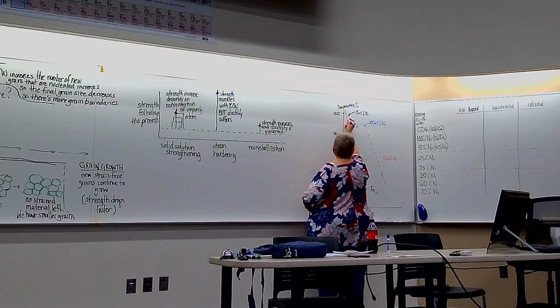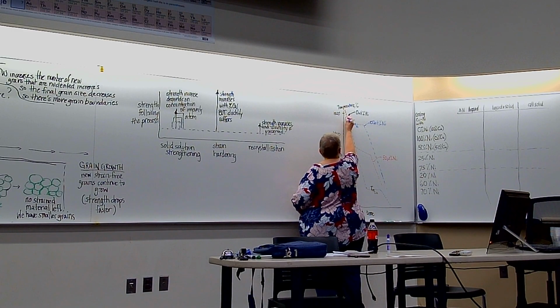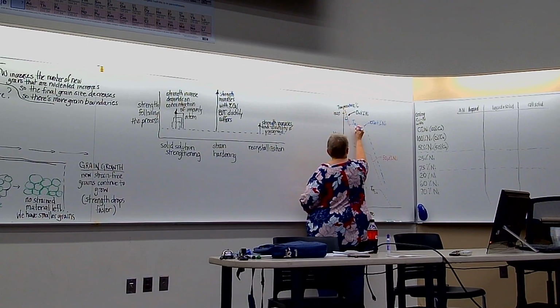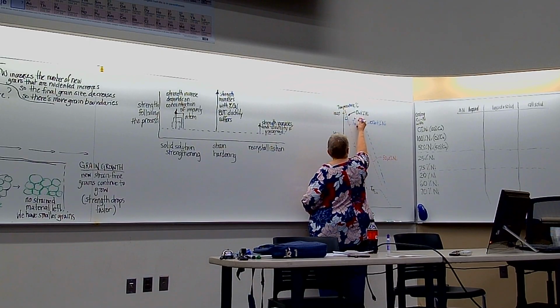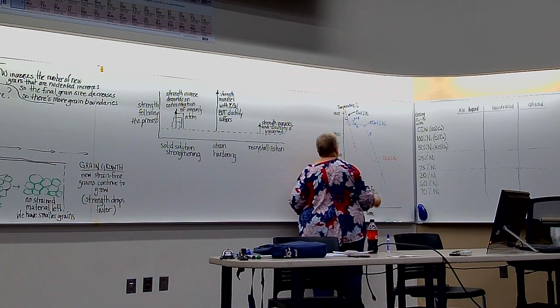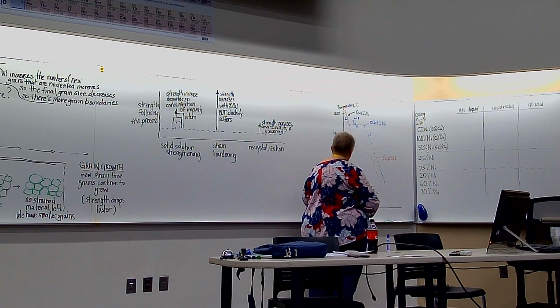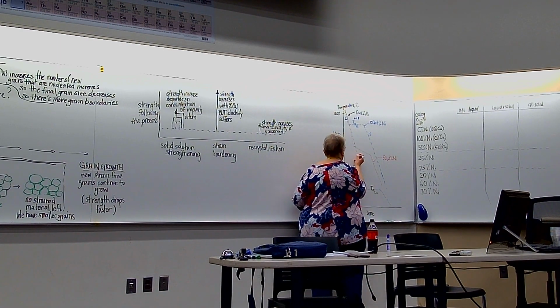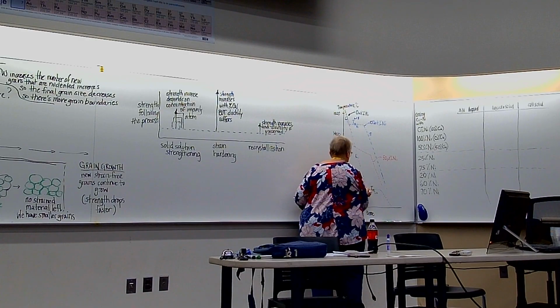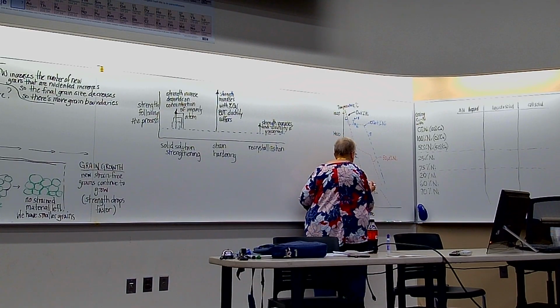So, all nickel, this is liquid. This is liquid plus solid at one temperature. This is solid. For all copper, this is liquid. To get to this melting temperature, we'll have liquid and solid together, and then we'll have all solid.